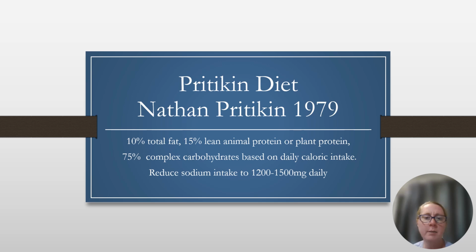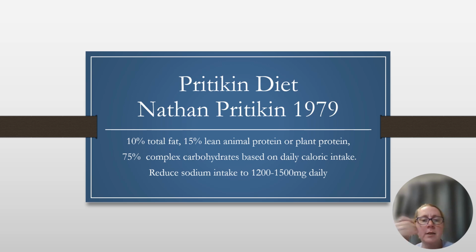So all of this is based on whatever your daily caloric intake is. And we all know that, for a man of 6 foot tall compared to a 5'2" woman, your calorie intake should be different. So 10% total fat, and then 15% lean animal protein or plant protein, and then 75% complex carbohydrates.